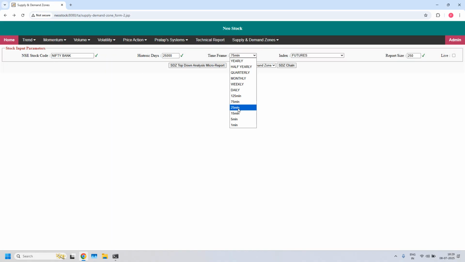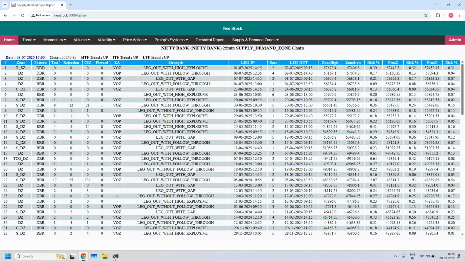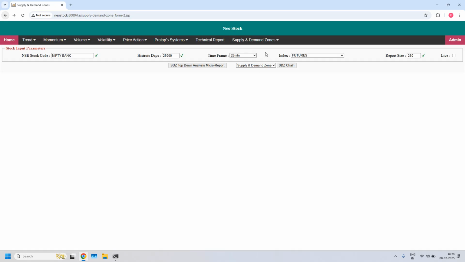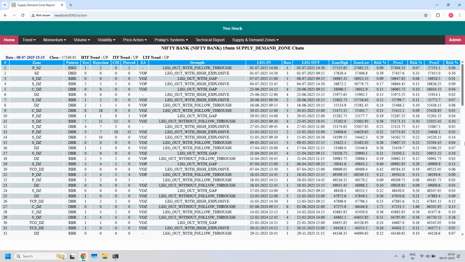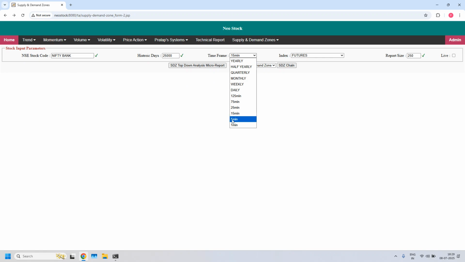Next, 25 minute supply demand zone chain for Bank Nifty. Next, 15 minute supply demand zone chain for Bank Nifty. Next, 5 minutes supply demand zone chain for Bank Nifty.